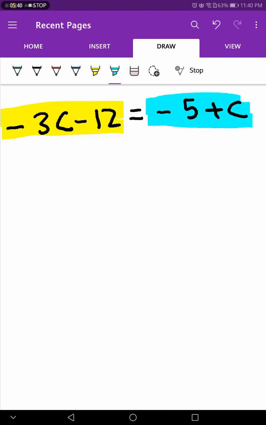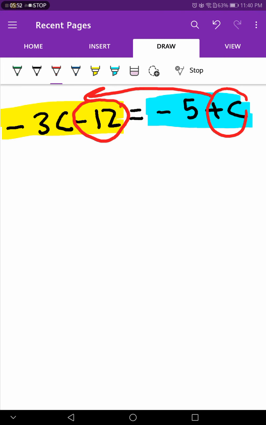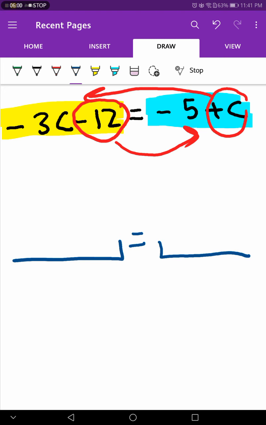The rule said I will keep or collect all the variables on the left side. That means I will move this here and move this here. Now I will draw my border. This is the left and this is the right.